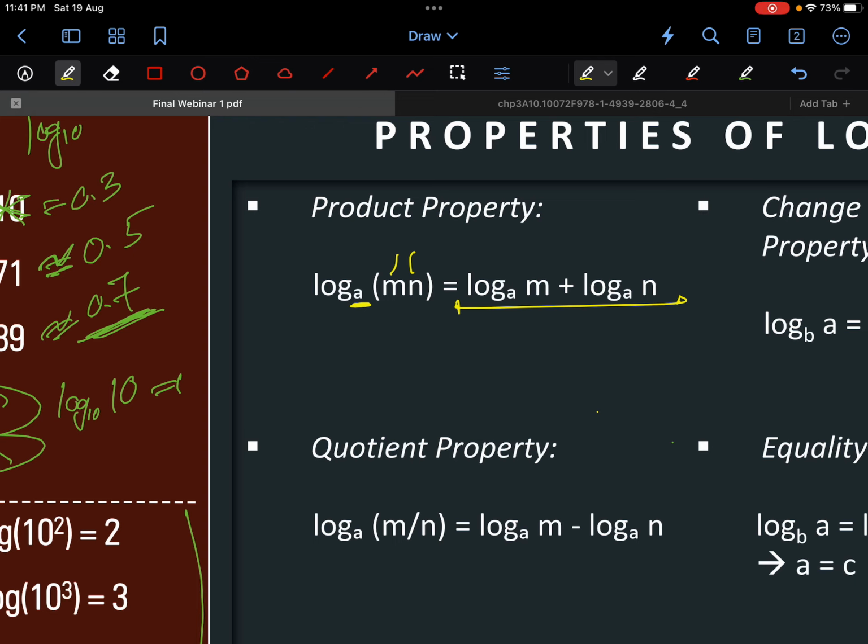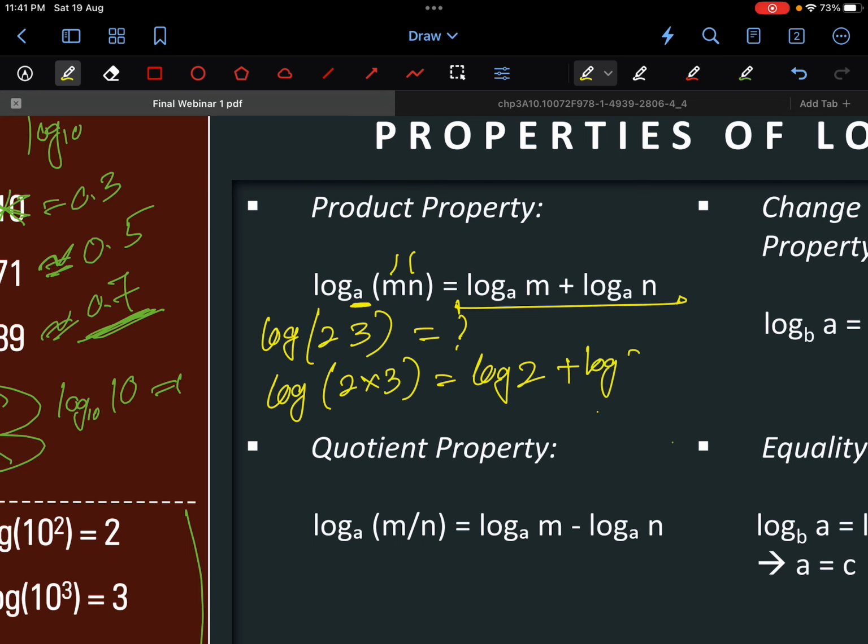Okay, so log of 2 into 3 is equal to log of 2 plus log of 3. Note this is log of 2 times 3, not 23. And we know that if the base is 10, I'm considering the base is 10, we don't need to write 10 every time because by default it is 10 if nothing is written.